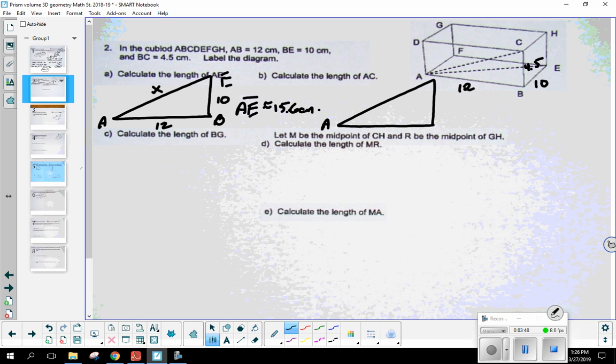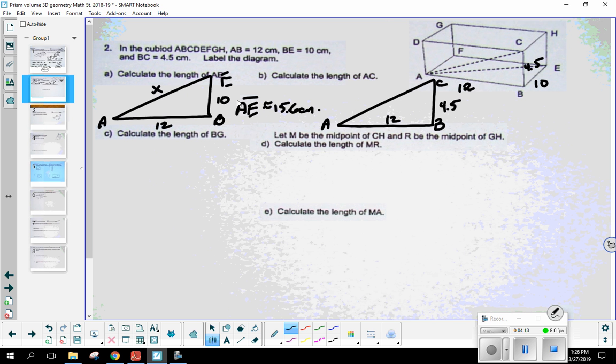This would be A, this would be B, and the top vertex would be C because we're looking for that diagonal, the diagonal on the front wall. Well, we know this is 12, but what's the height? CB is 4.5.